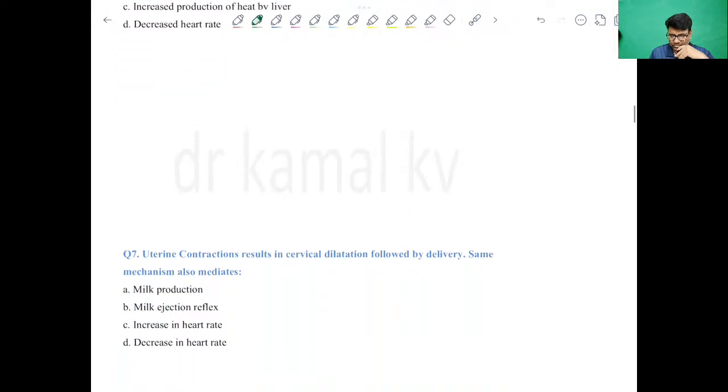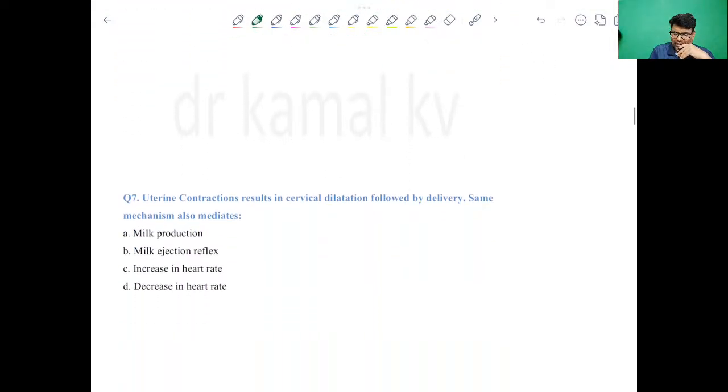Now moving forward to the next question: uterine contractions result in cervical dilatation followed by delivery. The same mechanism is also noticed in which of the following options? So here, firstly, we need to understand the basic mechanism behind uterine contractions, cervical dilatation, and delivery, that is parturition.